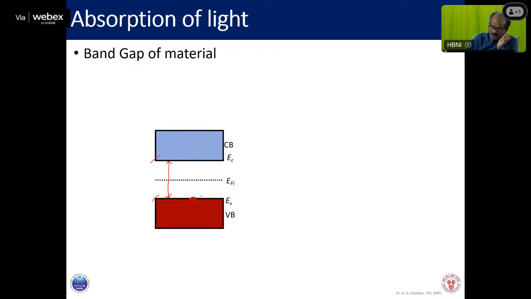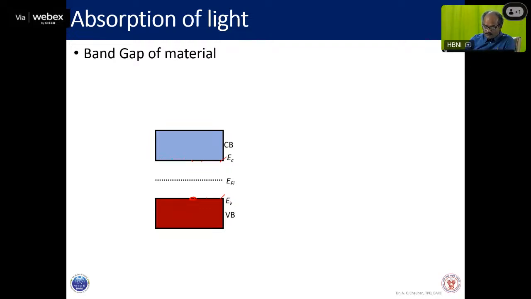So it will not accept any amount of energy which is less than this. So if the radiation has an energy less than this band gap, even if the thickness is very large, the electron is not going to accept it, and that radiation is going to be transmitted without being absorbed. So band gap plays a very important role in the absorption.